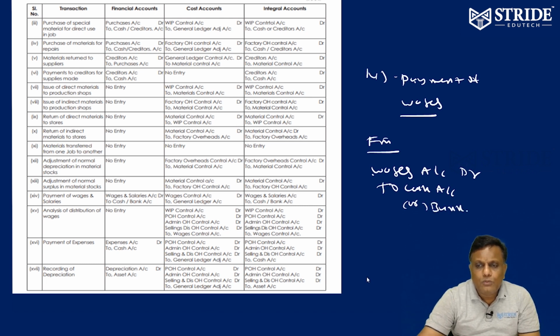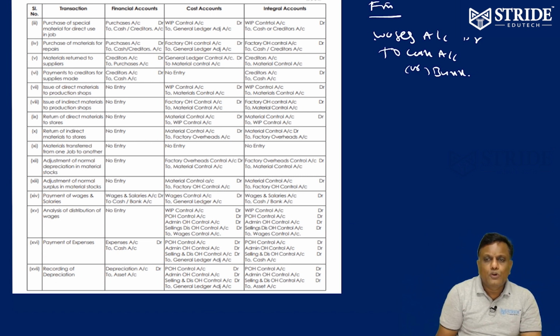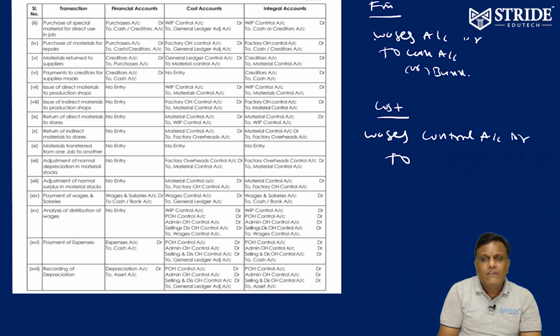But in cost books, wages to be called wages control account debit to, we are not supposed to use the word cash and bank in cost books. We have to use the word general ledger adjustment, GLA, general ledger adjustment account or cost ledger adjustment account.